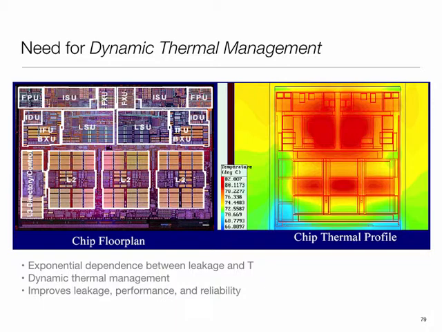There's an exponential dependence between leakage and temperature. So as temperature goes up, leakage goes up, and therefore if you're not managing things properly, your power begins to go up. So in higher power chips, when we do dynamic voltage frequency scaling, there is also inevitably a thermal element. When you are setting the voltage, it's done together with taking into account the temperature side of things.